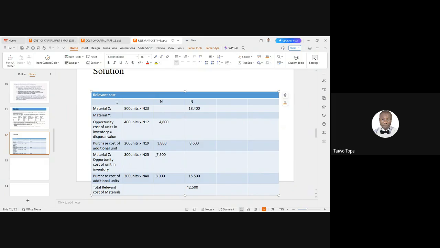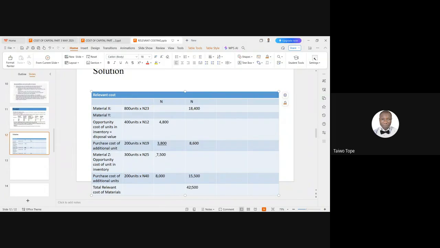the revenue to expect. If you are arriving at 42,500 as the overall cost to make a product, to produce a good, what should be your expected revenue? If your customer is giving you a price less than 42,500, it means you have to reject.